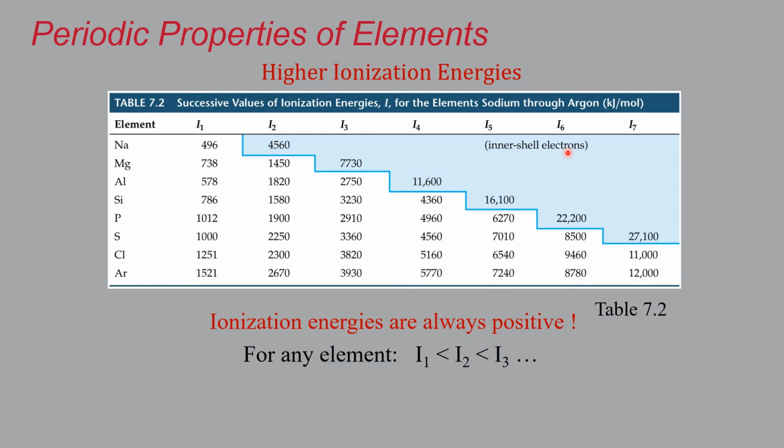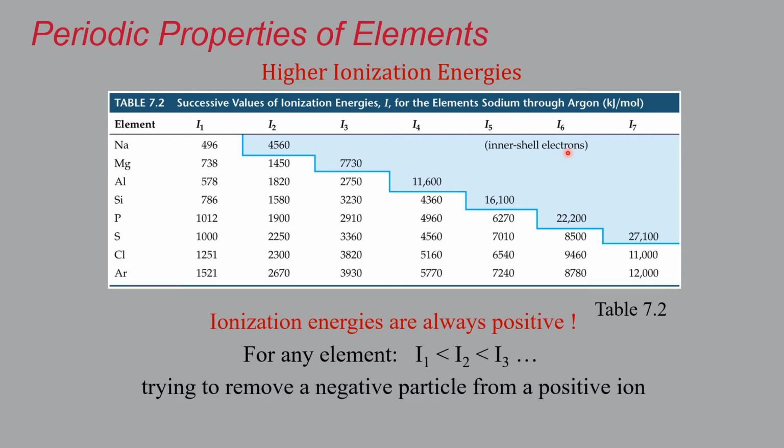So successive ionization energies always require more energy. Why? Same thing. You are trying to remove a single negatively charged electron from an increasingly positive ion. It's neutral for the first ionization energy, a +1 ion for the second, +2 for the third, and so on. That's why the ionization energies always get larger.